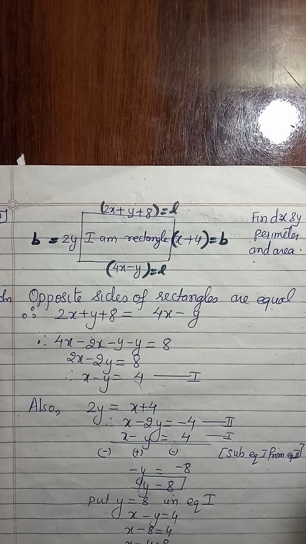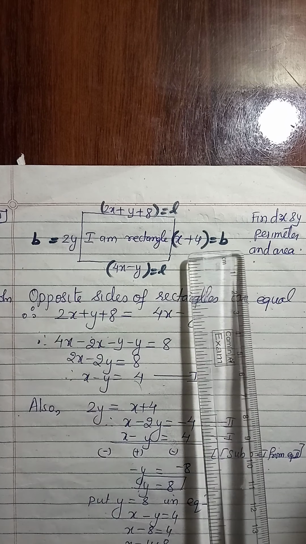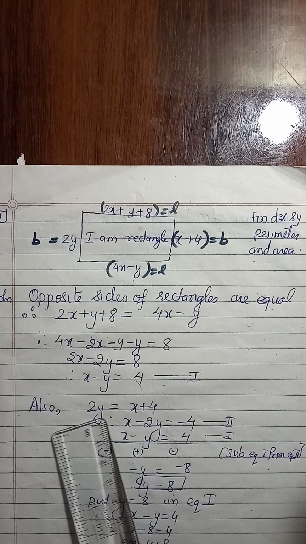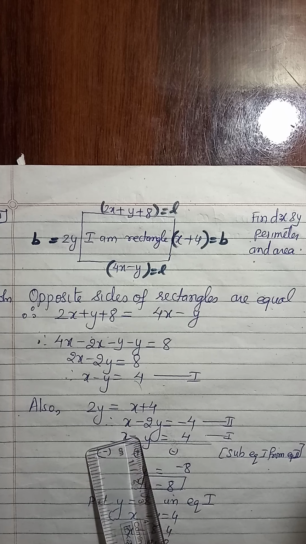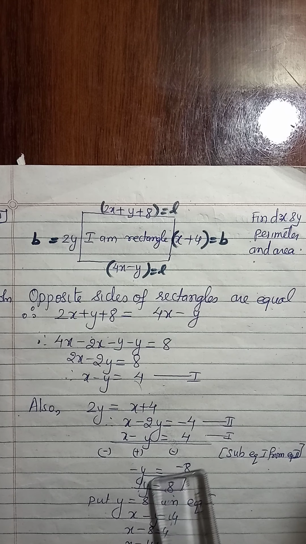Now since the opposite sides are equal, we have used the length equal and now we'll use the breadth equal. Here breadth is 2y, here breadth is x plus 4. Since both are equal, therefore 2y equals x plus 4, x minus 2y equals 4. Now we got another equation.